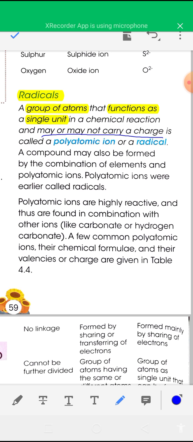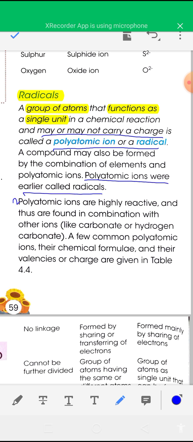So a group of atoms that function as a single unit in a chemical reaction and may or may not carry a charge is called a polyatomic ion, also called a radical. So radicals are polyatomic ions. A compound may also be formed by the combination of an element and polyatomic ions, and polyatomic ions are called radicals.